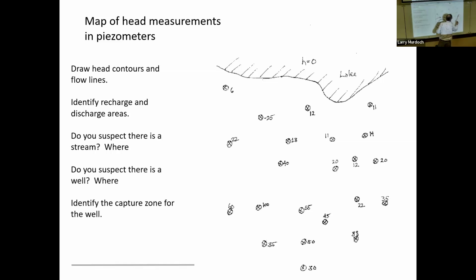So it looks like 20 is going to look like that. Okay, and then 0, this is 0. That's the edge of the lake. So those are the contours with the 20 spacing.